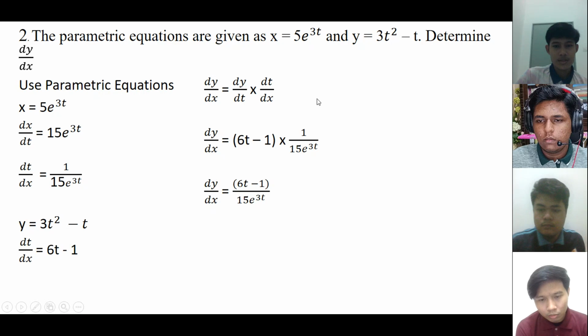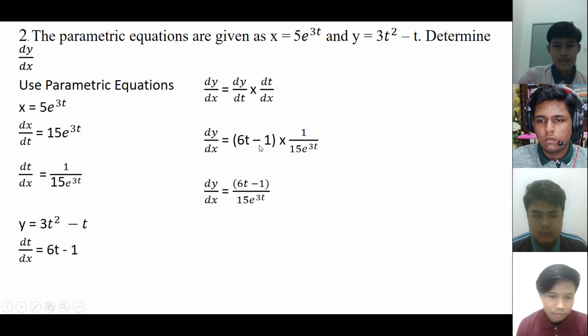Okay, and then we arrange the formula: dy over dx equal to dy over dt multiply with dt over dx. So we put the numbers into the equation. We got dy over dx equal to 6t minus 1, and then we multiply with 1 over 15 exponential 3t.